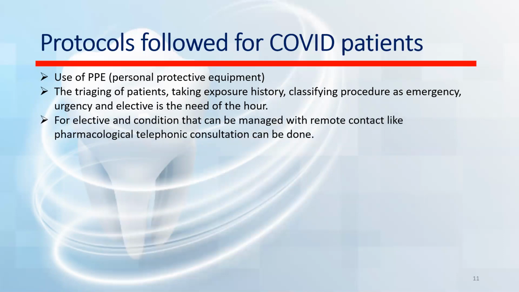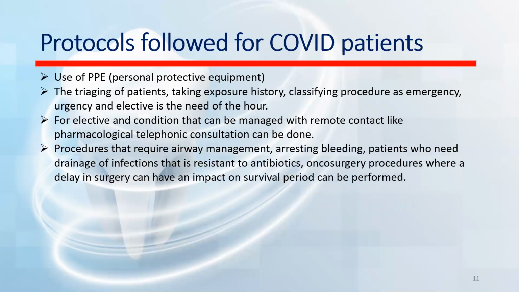For elective procedures and conditions that can be managed with remote contact, pharmacological telephonic consultation can be done. Procedures that require airway management, arresting bleeding, patients who need drainage of infection that is resistant to antibiotics, and oncosurgery procedures where a delay in surgery can have an impact on survival period can be performed.